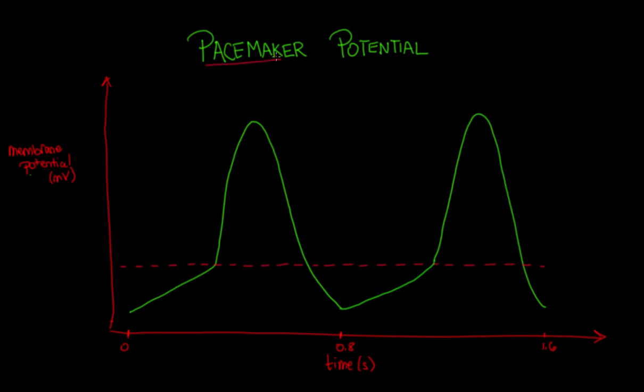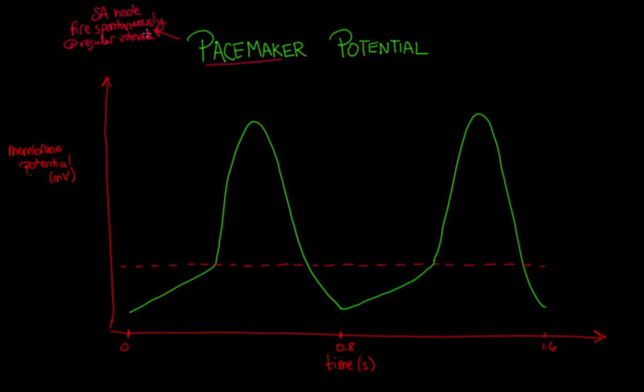So let's start with electrical activity of the pacemaker cells, and keep in mind that the electrical activity that generates the heartbeat initiates at the SA node, if you remember a little bit from the electrical conduction system lesson. This SA node is going to fire spontaneously, so it does not need any external innervation or intervention, and it does so at regular intervals.